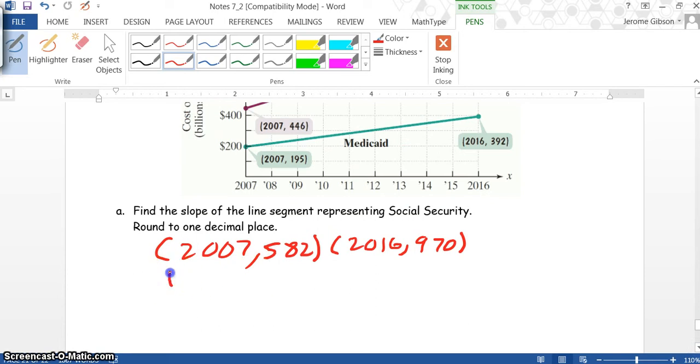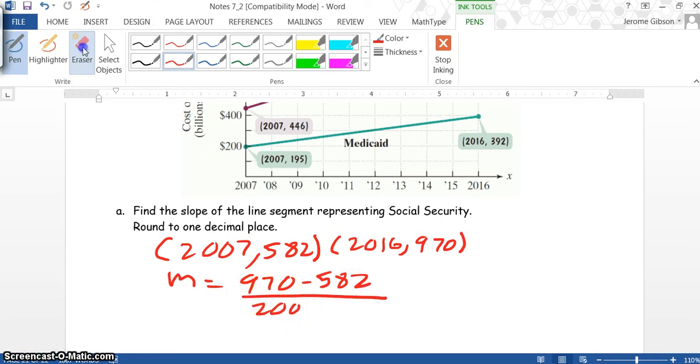Now we use our same slope formula, y sub 2 minus y sub 1 divided by x sub 2 minus x sub 1.